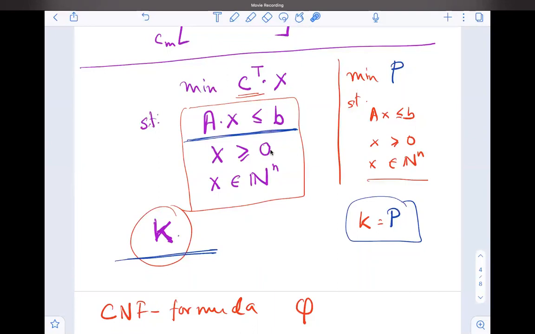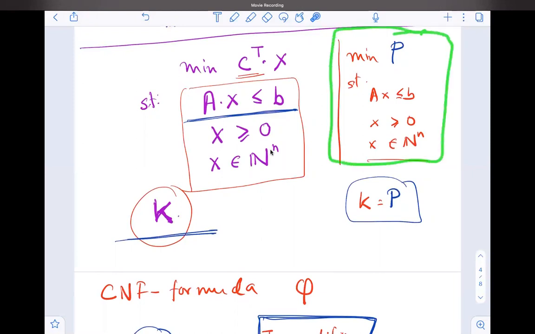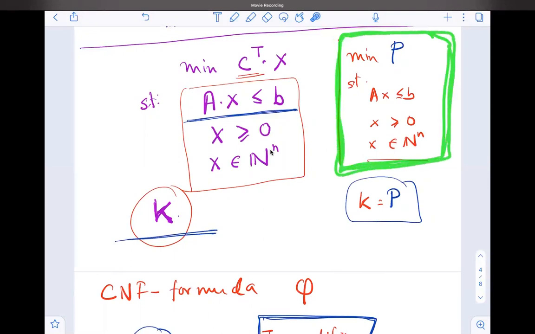Any linear combination of X's will definitely be at least 0. That's why we're taking K to be 0. It doesn't matter. You can take K to be P. Any P is fine, even 0 is also fine. What is the output of this algorithm?